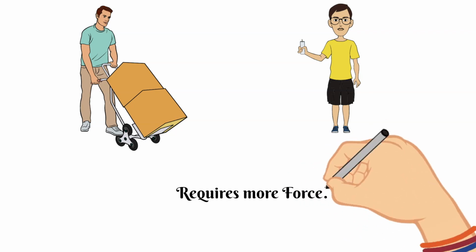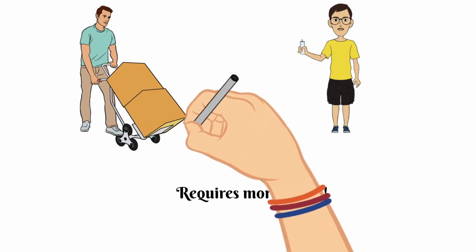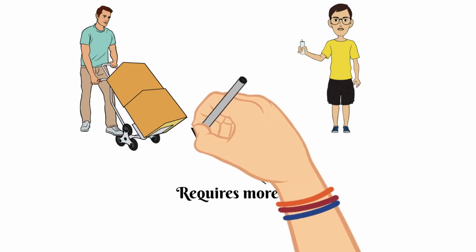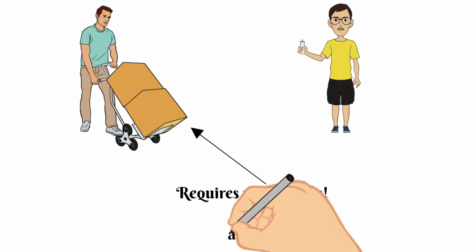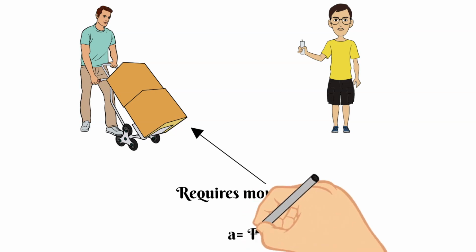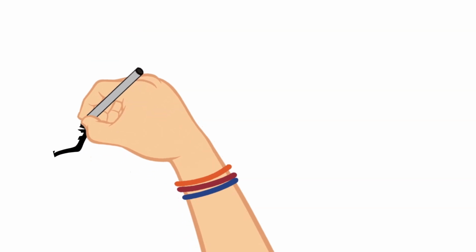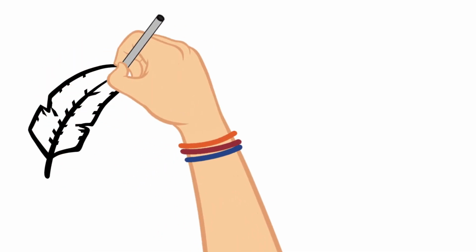It helps us use less force. We can even rearrange our equation to be acceleration equals force over mass to analyze this even further and determine the acceleration of an object.